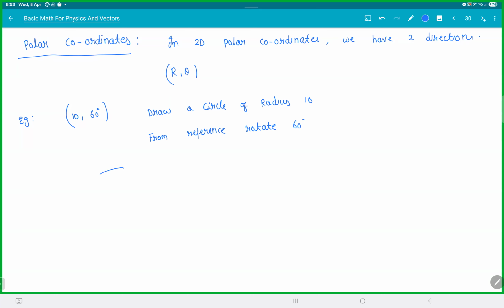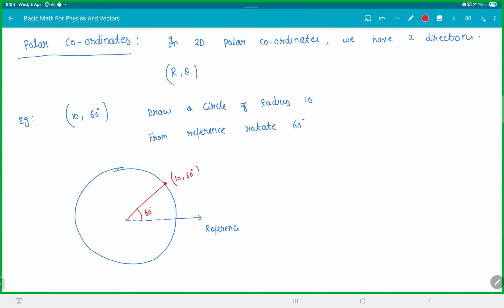So draw a circle of radius 10 meters. We can choose anything as reference. Generally, we choose the horizontal or x-axis as a reference line. So from the reference line, rotate 60 degrees. So this point's location is 10, 60.